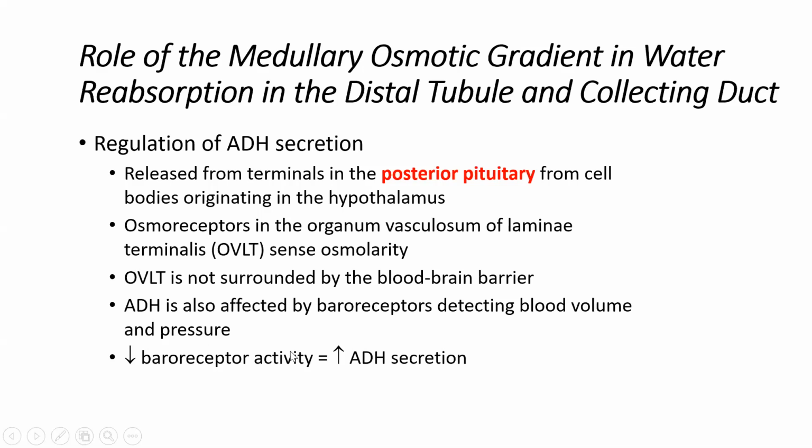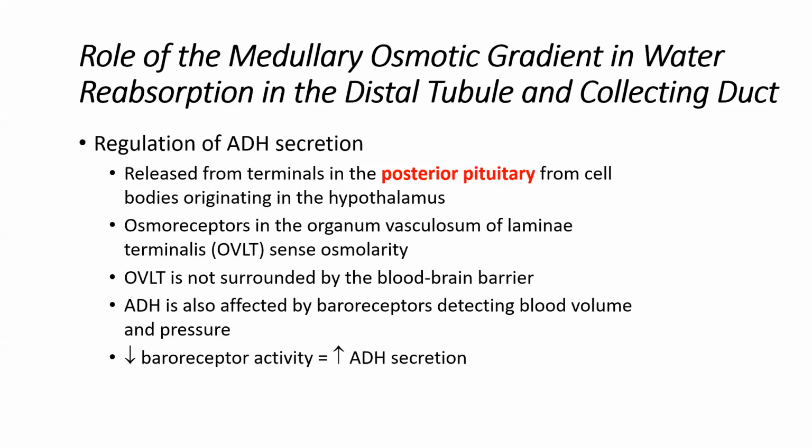And so ADH is also affected by our baroreceptors. We talked about baroreceptors, basically those stretch receptors that are detecting our blood volume and blood pressure. And so if we've got stretching happening on those baroreceptors, that is an indicator of increased blood volume, increased blood pressure, and so we decrease ADH secretion. But if we have decreased baroreceptor activity, meaning not an adequate amount of stretch on those receptors, then we want to increase ADH secretion because that is a signal of decreased blood volume.